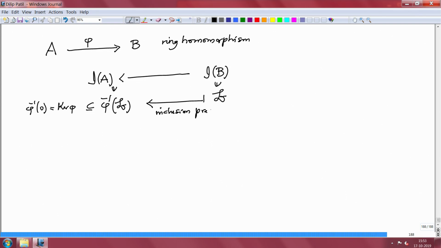That means whenever I have an ideal B contained in B prime, then it will continue the same inclusion. This map is called a contraction of ideals.